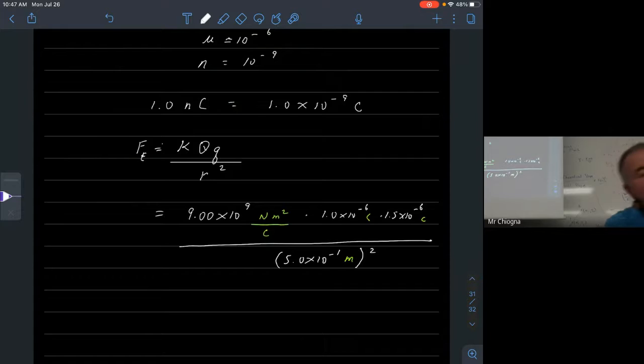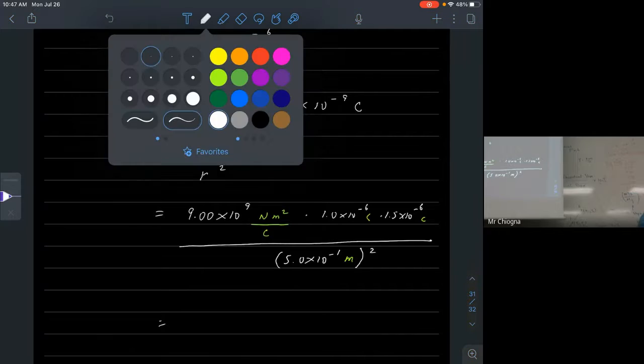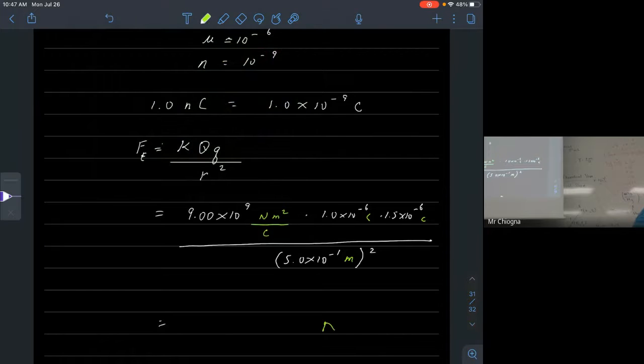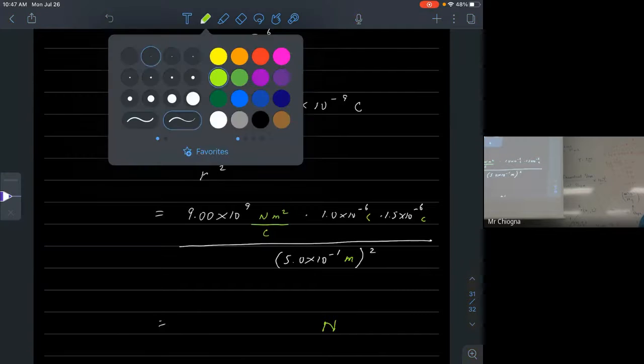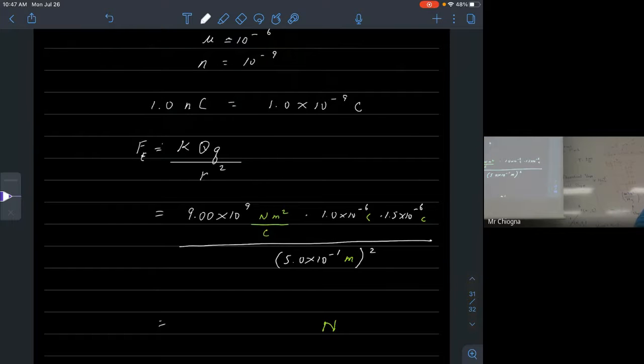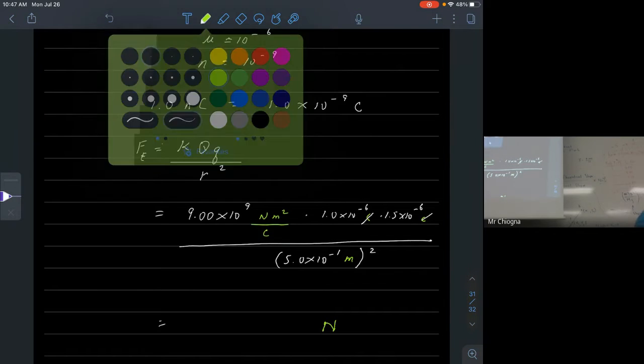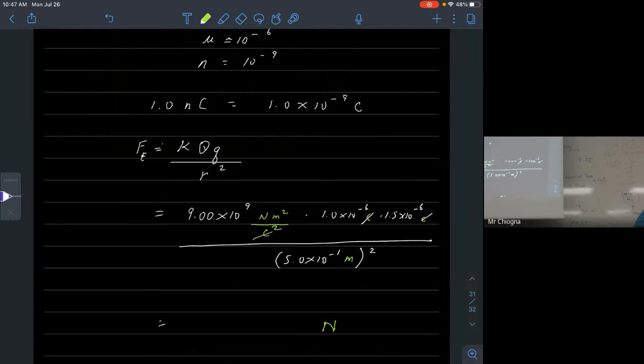I put the units in just so you can see you end up with what you expect, units of newtons. This should be Coulomb squared, by the way. I forgot to write it in. Coulomb squared here will cancel out the coulombs on top. Meters squared cancels with the meters squared there, leaving you with units of newtons.